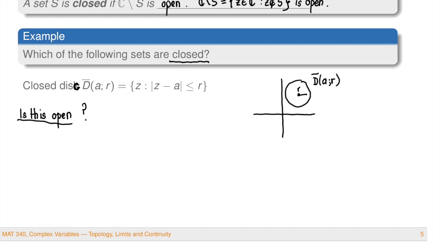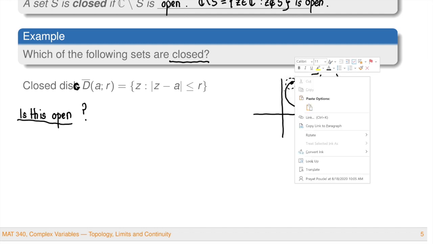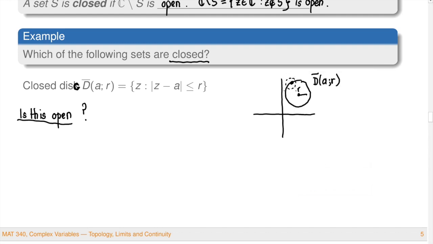Now this contains the boundary. So if I take a point on the boundary and consider an open disk, no matter how small or how big I make this disk, it's always going to hit the outside portion. So it's not going to be completely contained. So this is not open.